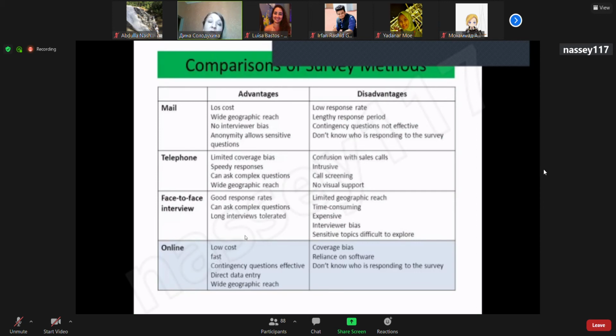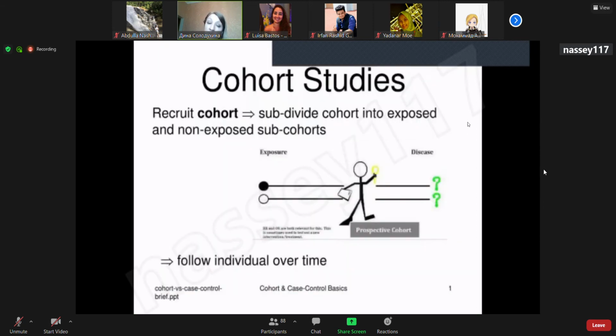Okay, so if you start talking about analytical studies, the first study design which we have is called a cohort study. A cohort study is one of the most powerful study designs.